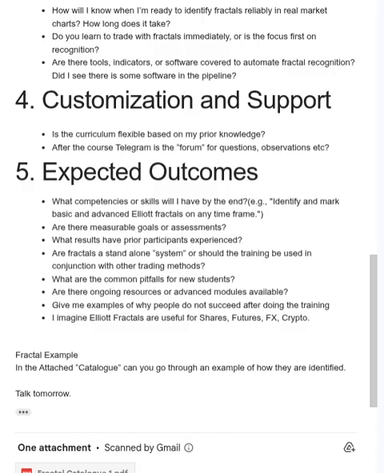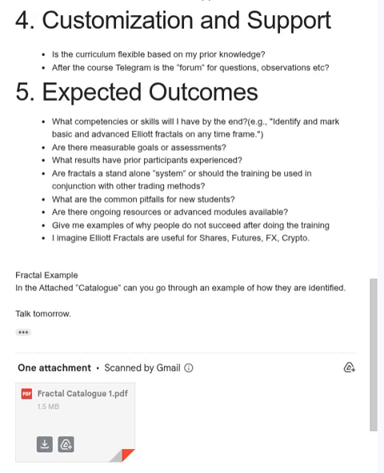After the course, Telegram is where we have the streaming classroom live. It's the forum for questions, observations. Yes, we have quite a few different channels. Neil has one. Expected outcomes.